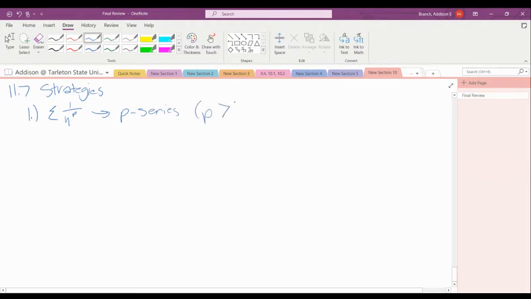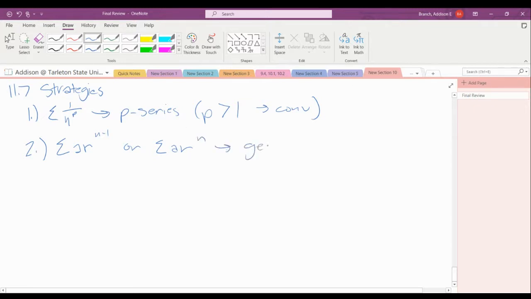And of course, if p is greater than 1, it is convergent. The next thing to look for is your geometric series, which we know is going to be some ar to the n minus 1 or ar to the n.